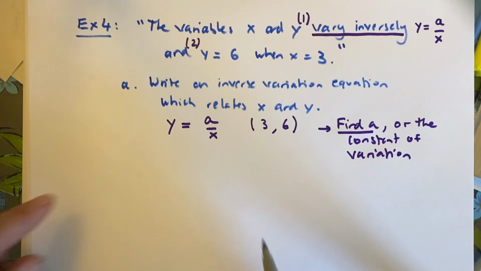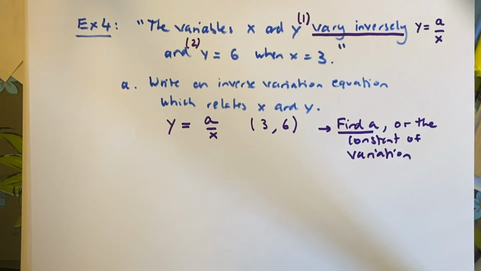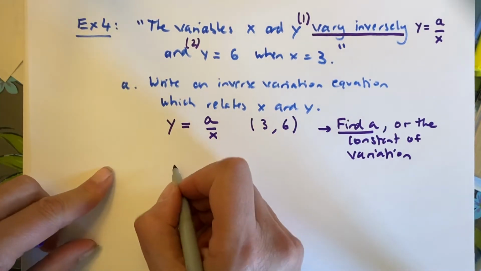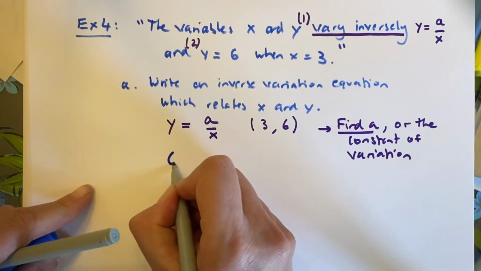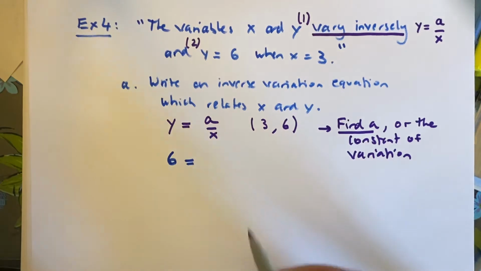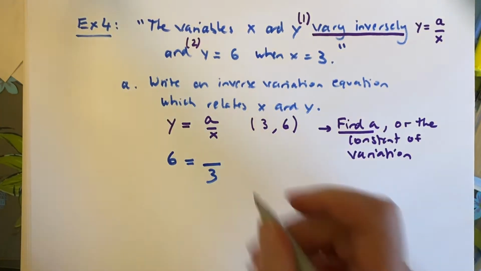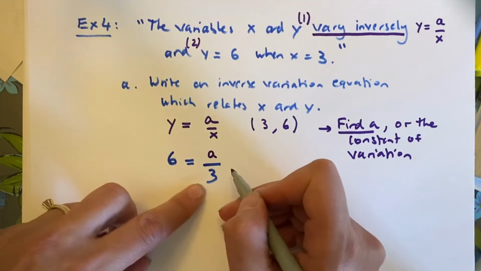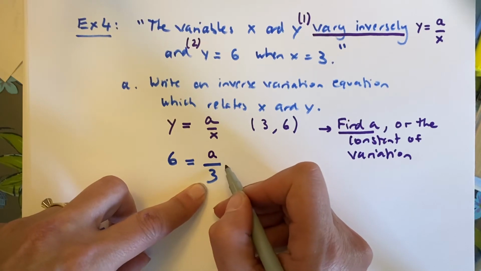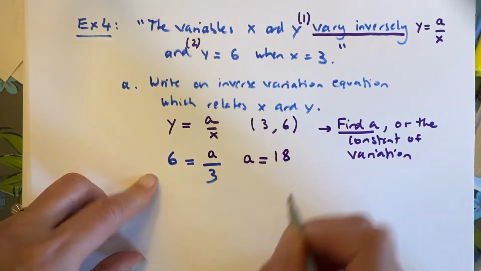So your goal is to find a. Well, that is not that hard because you have everything you need to find a if you just plug in 3 and 6. So if I plug in 6 for y and I plug in 3 for x, and here's a, all I need to do to find what a is, I need to isolate a, and to do that I multiply both sides by 3 and I get a equals 18.